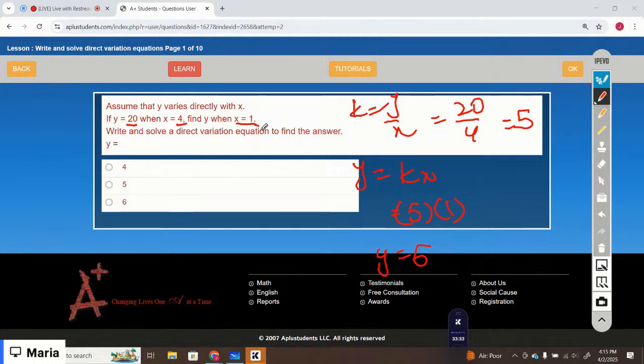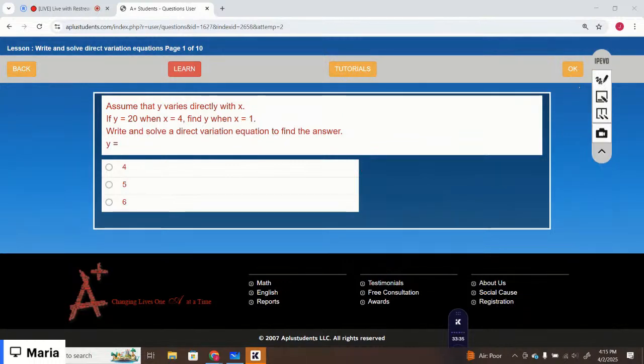The correct option is 5. Option number 2 is the correct option.